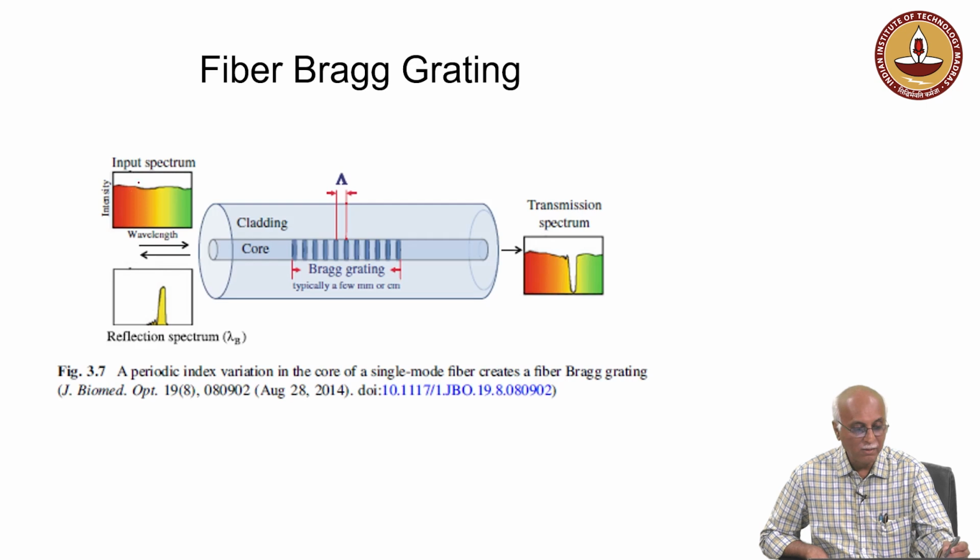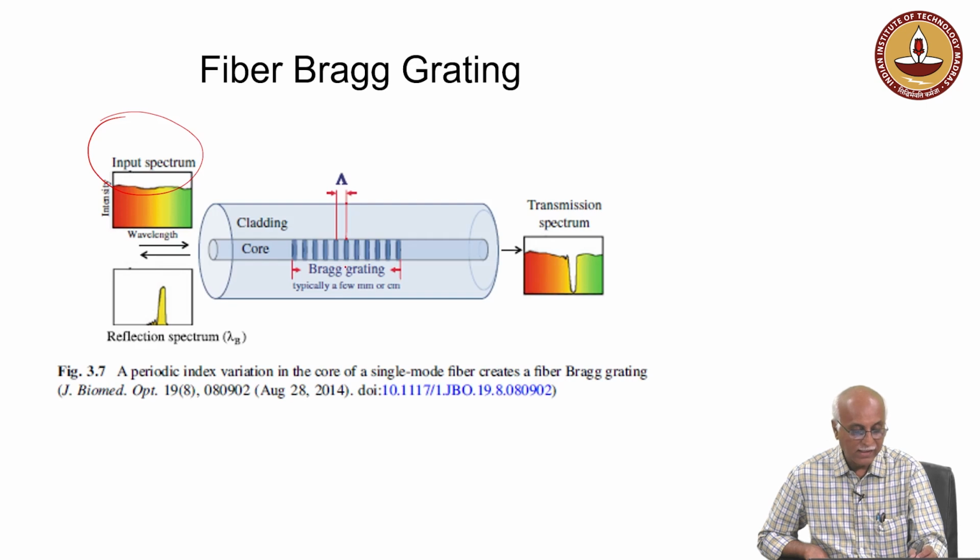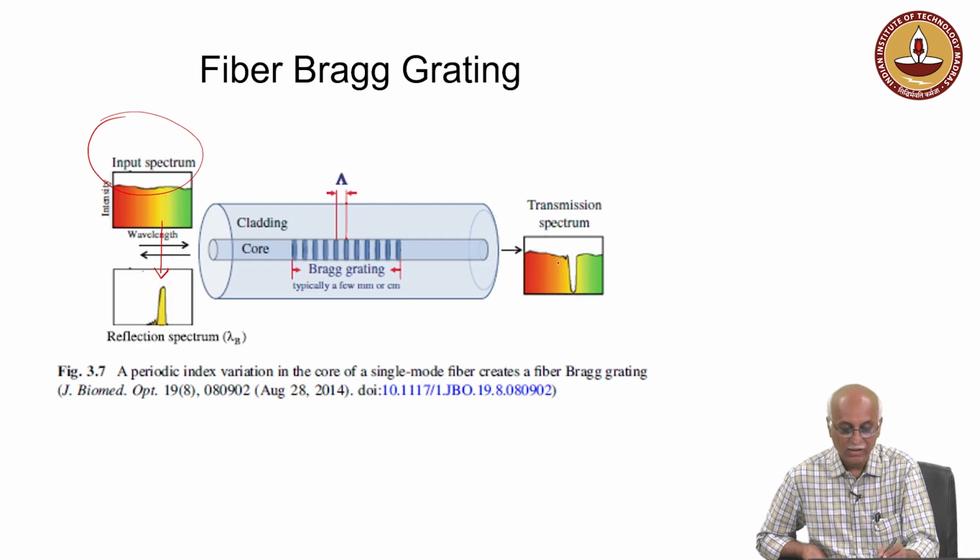Let us say my input spectrum is very broad, a broadband, and this fiber grating is such that the Bragg condition is satisfied for the yellow part of this spectrum. Then the reflected light will show the yellow light spectrum, while the transmitted one will show the broadband spectrum with a dip, which corresponds to the reflection.